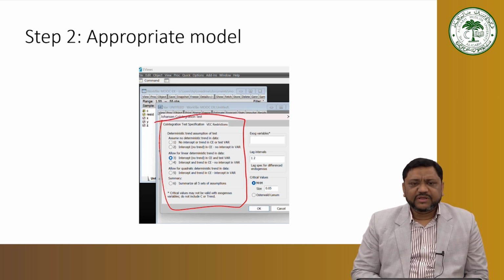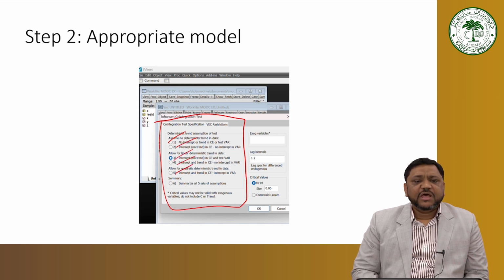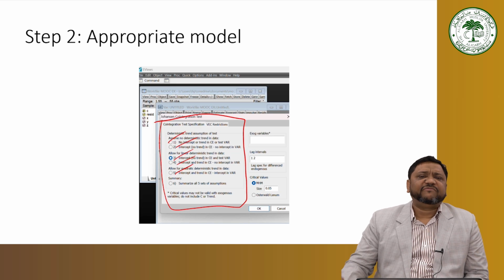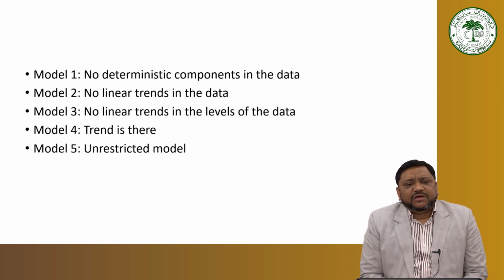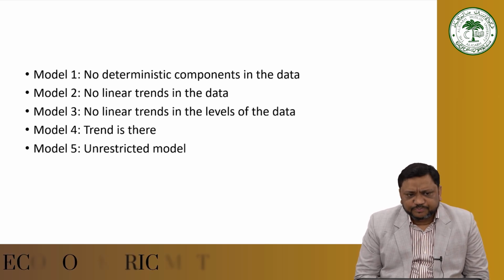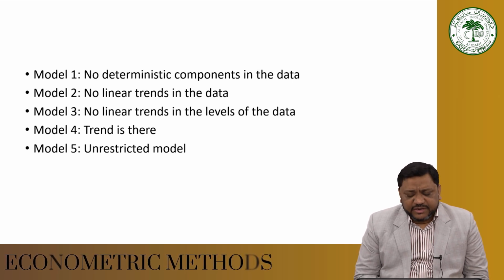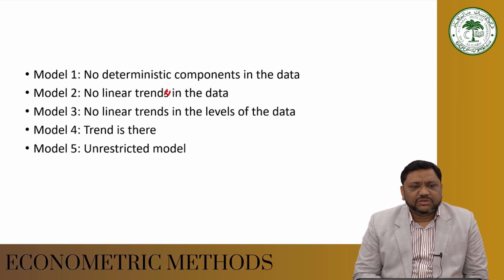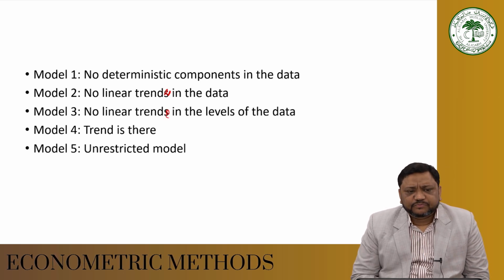There are so many models, approximately 1, 2, 3, 4 and 5. There are 5 models among which we have to select one. Now these 5 models are like, the first model is no deterministic trend, no deterministic component in the data. Second model is no linear trend in the data. Third, no linear trend in the levels of the data.